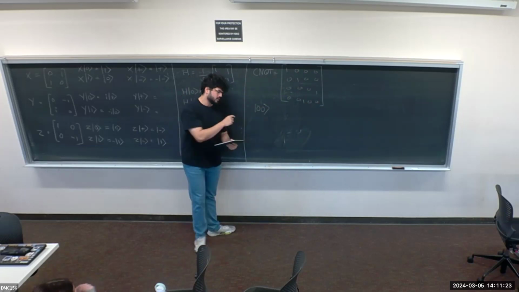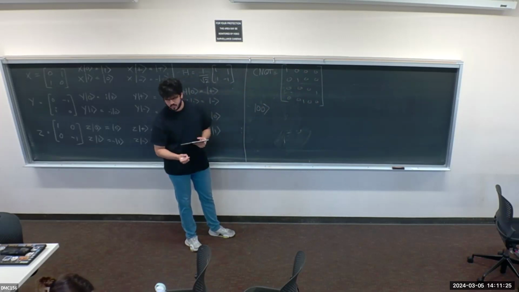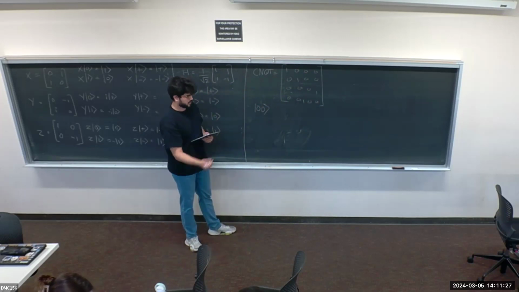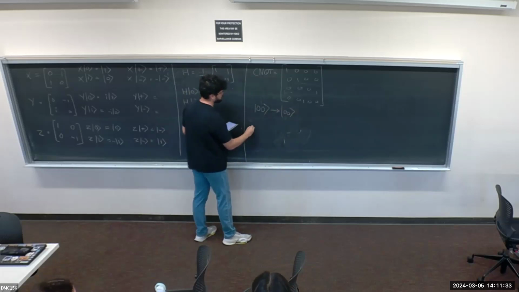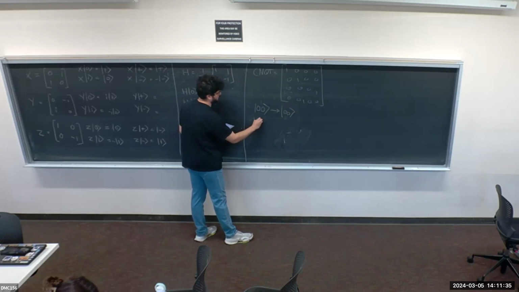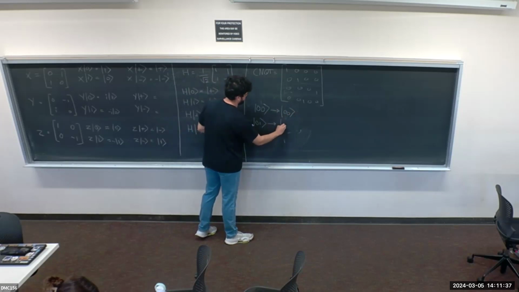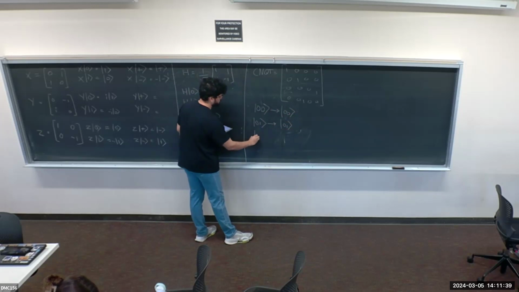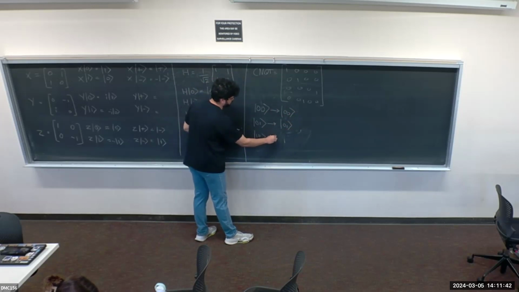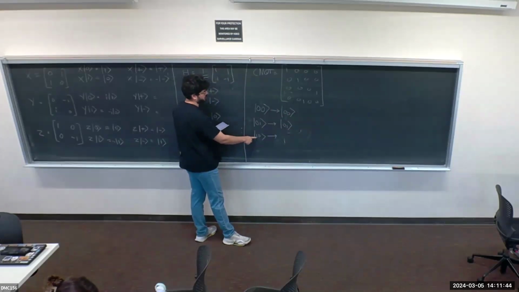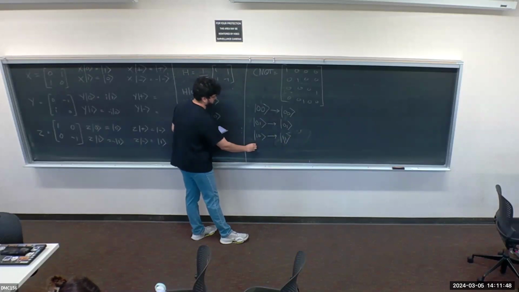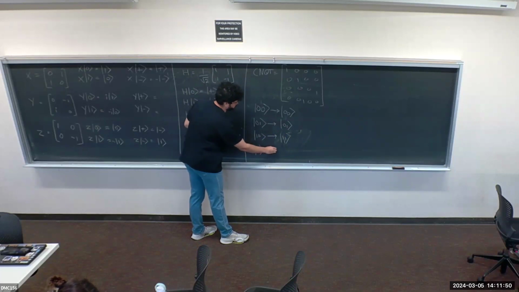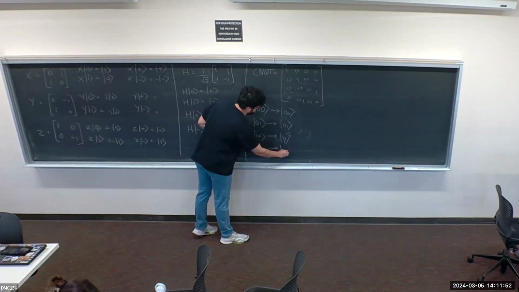Whenever the first qubit is 0, nothing happens to the second qubit. Whenever your first qubit is 1, the second qubit is flipped. So 0, 0 will stay 0, 0. 0, 1 will also stay 0, 1. For 1, 0, the first qubit is the control qubit, so the second qubit will be flipped and we will get the 1, 1 state. And similarly for 1, 1, the second qubit will get flipped and we will get the 1, 0 state.